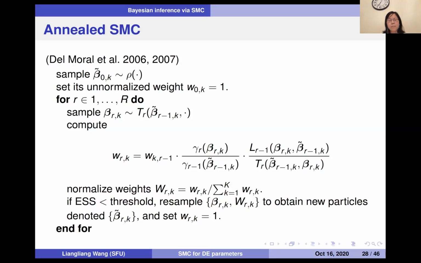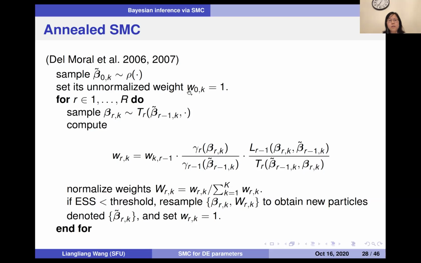We update our particles so that we can use the updated particles to represent the new intermediate distribution. We have a normalized weight, which is denoted by small w here.